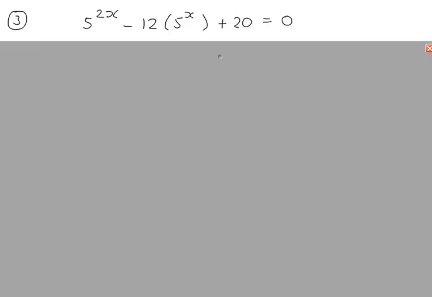This looks like it's a disguised quadratic, and to test this, I take the middle term, just the x term, not any coefficient. If I square 5 to the power of x, I need to test to see if I get the x term here. So I have 5 to the power of x. I'm going to square that term. So if I multiply the powers, I get 5 to the power of 2x, which is exactly what I have here.